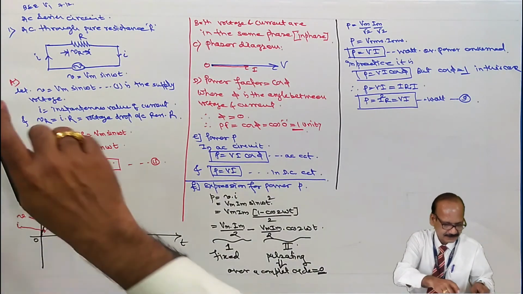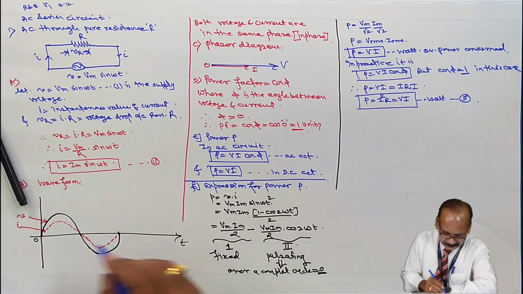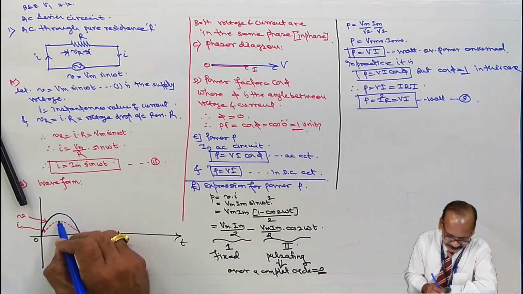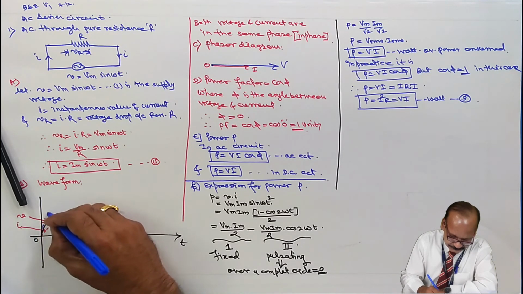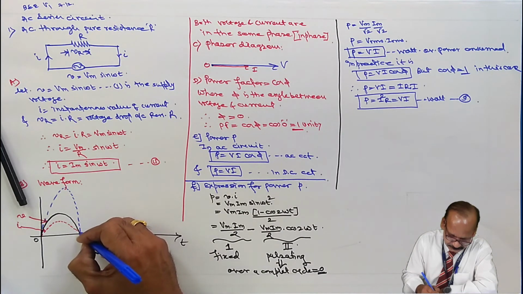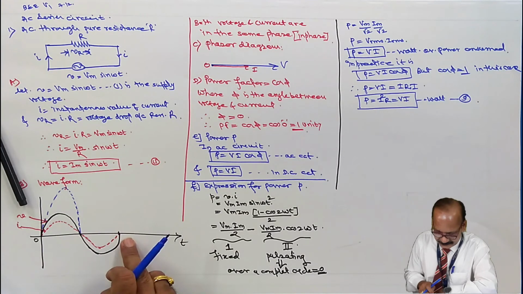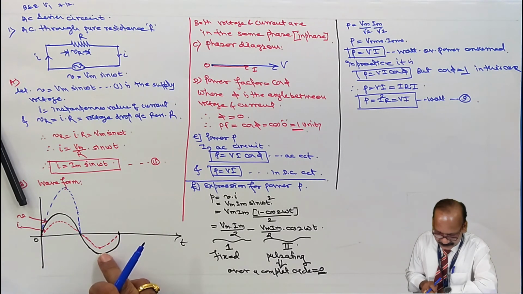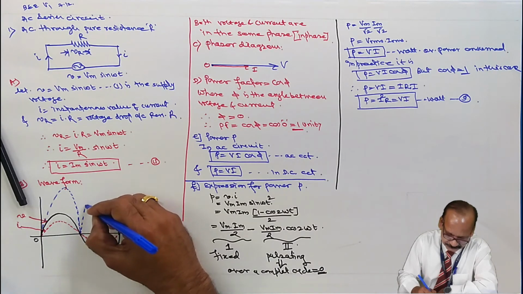Now I have a waveform for this. Here, both the voltage quantity and current quantity are positive, and therefore their product is also positive. Now in this band, both current and voltage are negative, and therefore their product is positive.